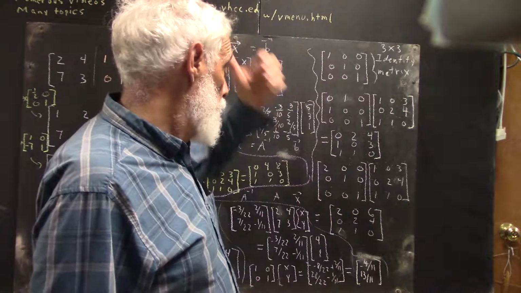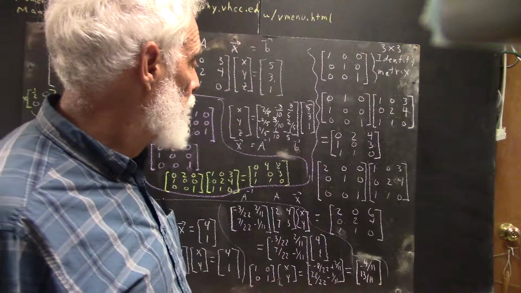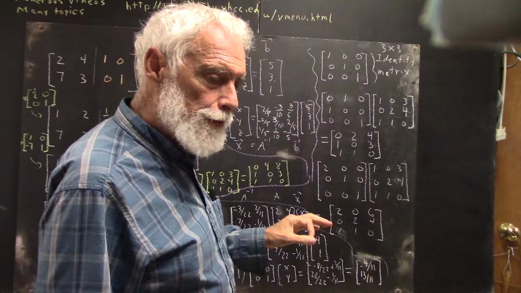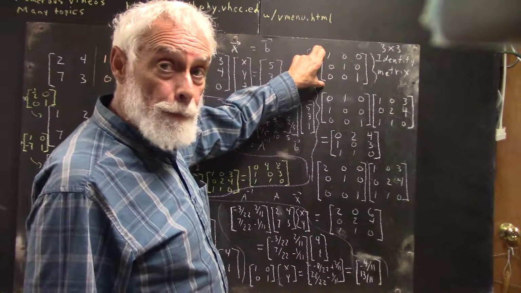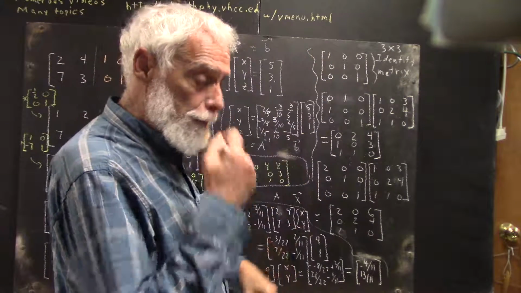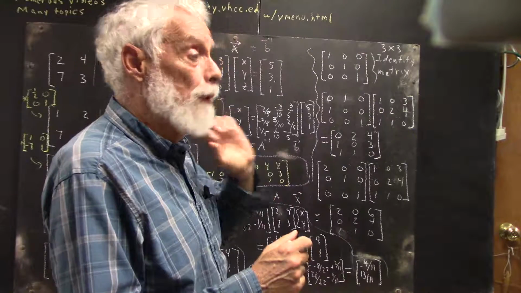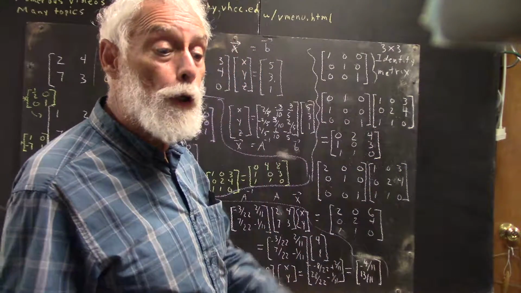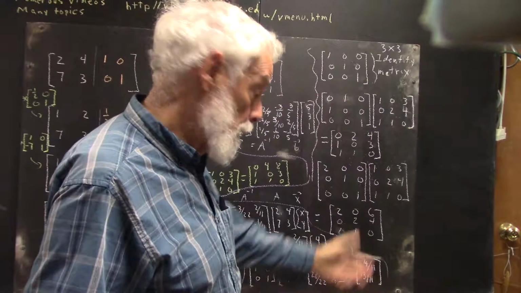So, this is always going to be the case. An elementary matrix is a matrix that you get from the identity by applying one single valid row operation, either interchanging two rows, multiplying a row by a constant number, or adding a multiple of a row to another row. I haven't done one of those.